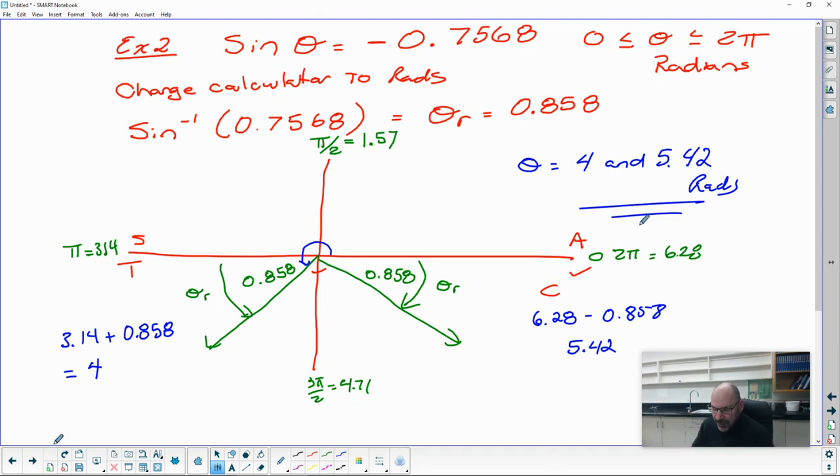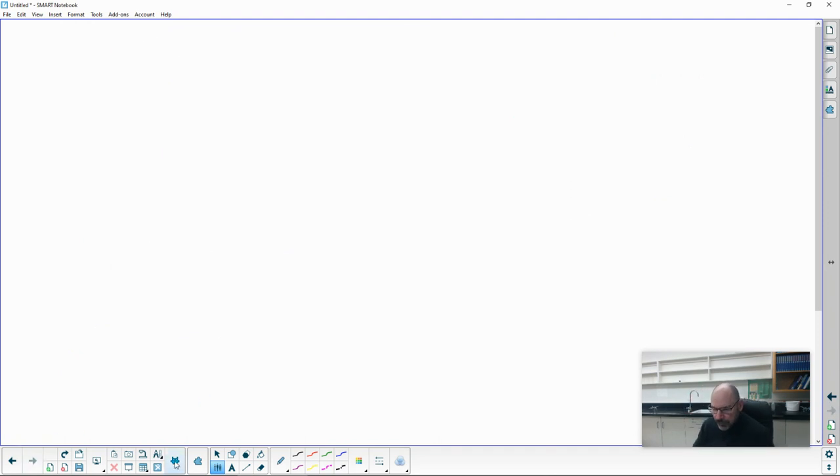Our final example today is an example where we're using a reciprocal identity.